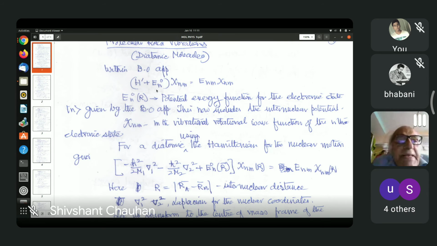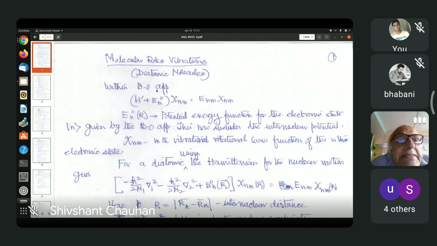Now the nuclei are not fixed, so we do the Born-Oppenheimer calculation first. We get the Born-Oppenheimer potentials, call them En0, and now solve the equations of nuclear motion with these Born-Oppenheimer energies as the potential energy, right? Yes, sir. So we need two indices.